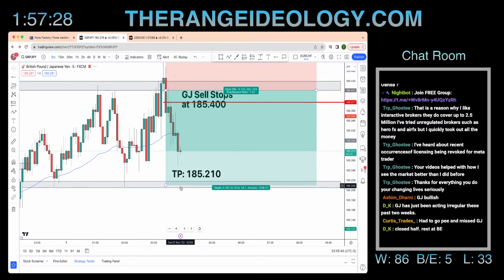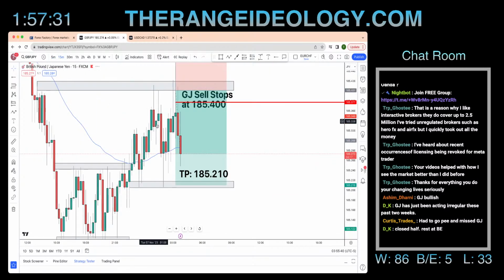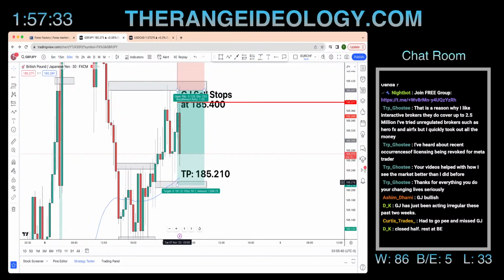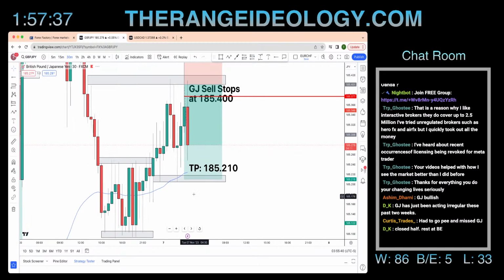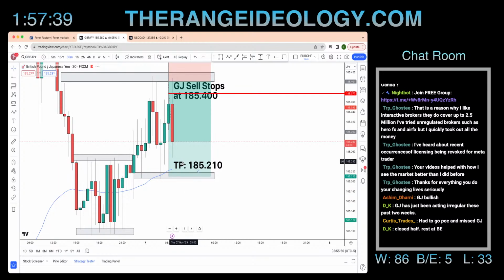Before the new 1 hour candle opens up, it could come down, tap the EMA, right? Come down, tap this, and then reject it within the next 4 or 5 minutes here.